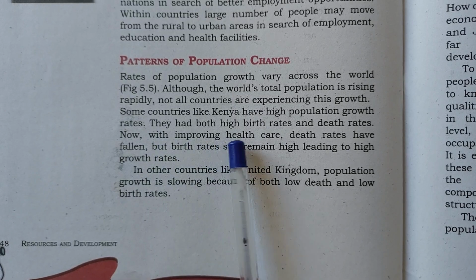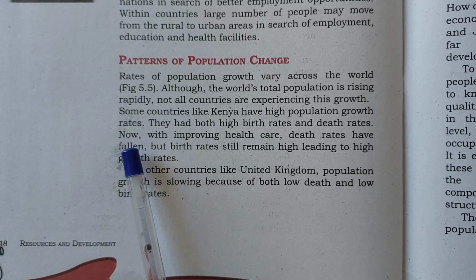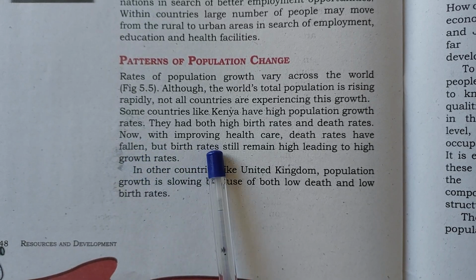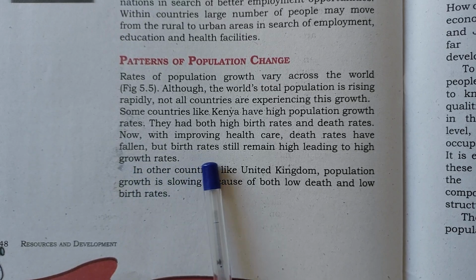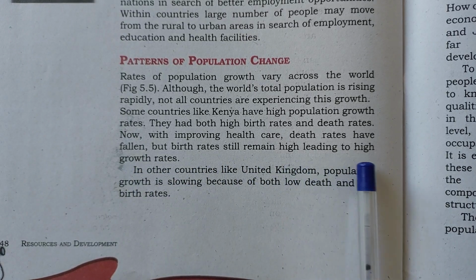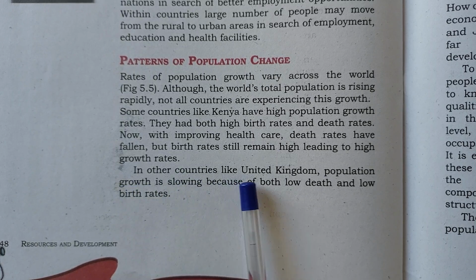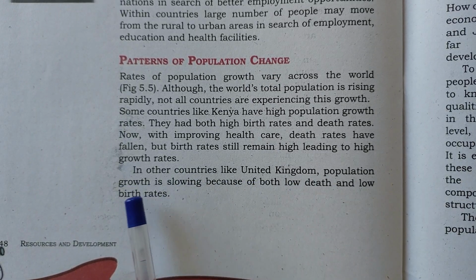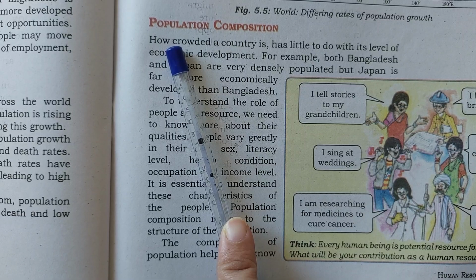They had both high birth rates and death rates. Now, with improving healthcare, death rates have fallen, but birth rates still remain high, leading to high growth rates. In other countries like the United Kingdom, population growth is slowing because of both low death and low birth rates.